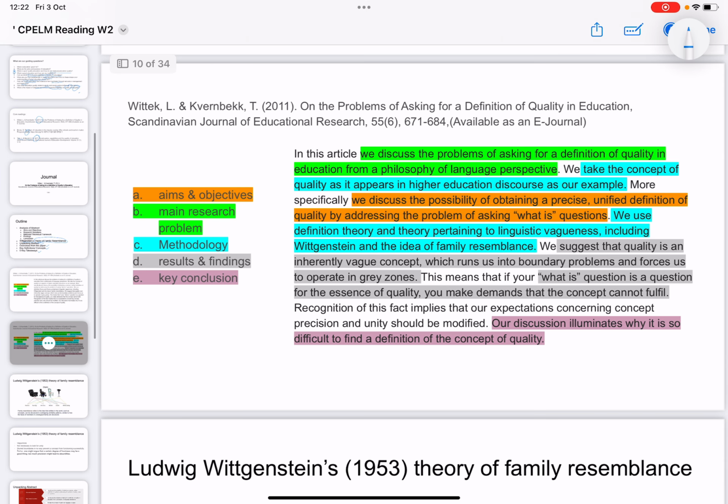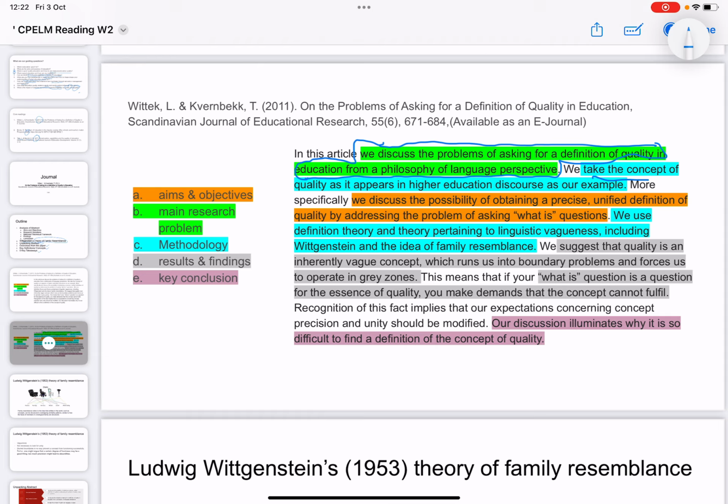Let's move on. The main research problem is this one: we discuss the problems of asking for a definition of quality in education from a philosophy of language perspective. So using the philosophy of language perspective as the lens, the researchers try to see what is the problem of defining what a quality education really entails.